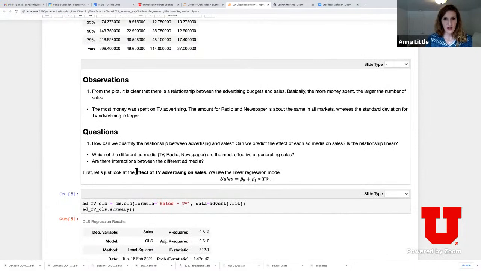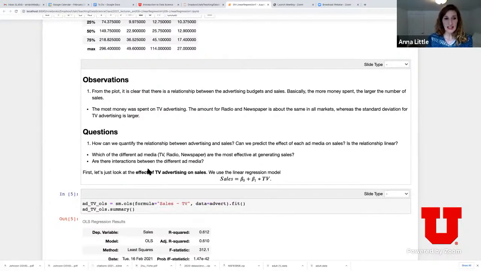Some of the questions that we want to try to answer: How can we quantify the relationship between advertising and sales? Can we predict the effect of each ad media on sales? And is the relationship linear? More specifically, we would like to know which of the different ad media, TV, radio, or newspaper, are the most effective at generating sales, because that will inform us where it would be good to spend our money in the future.